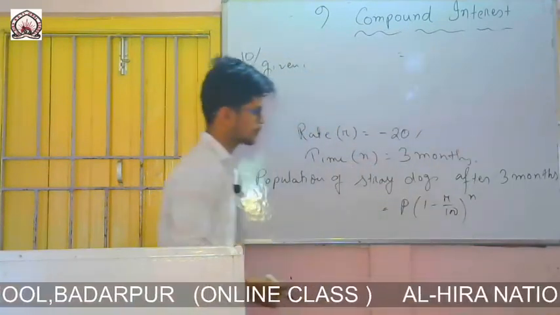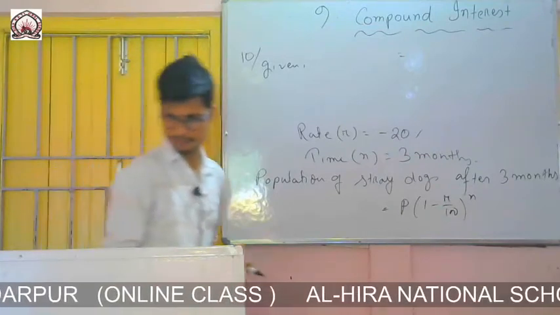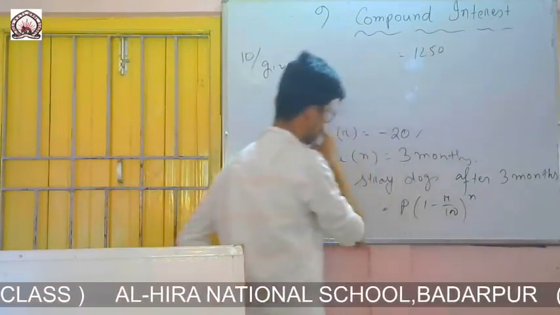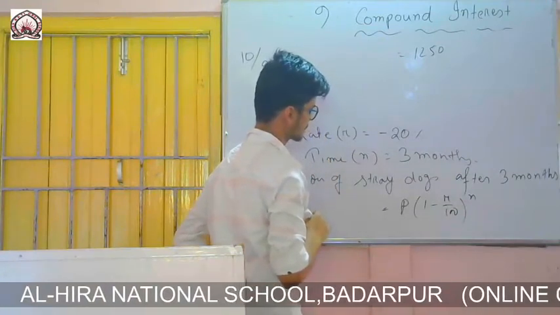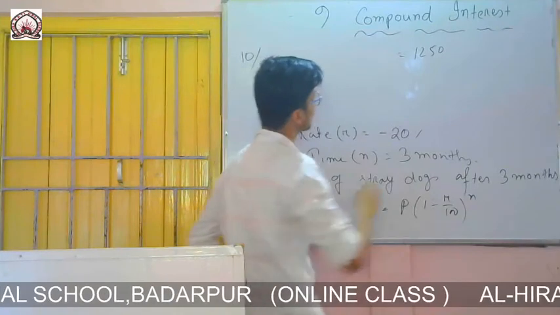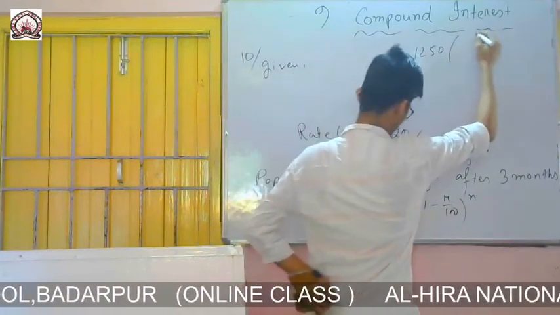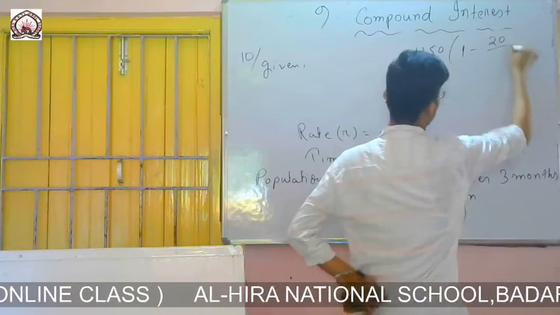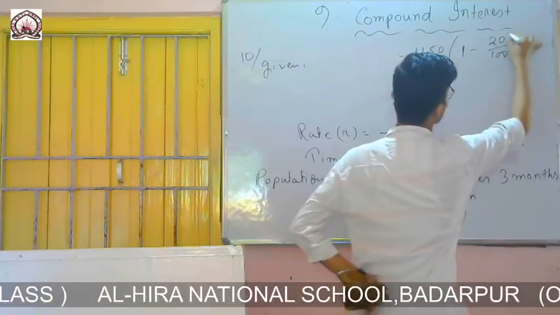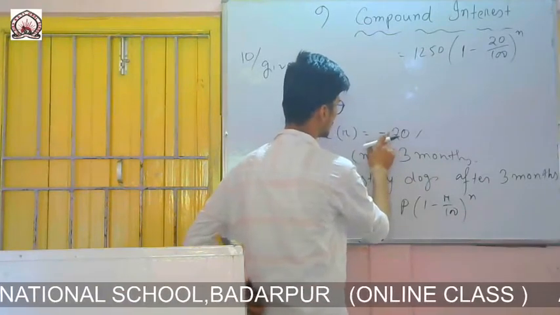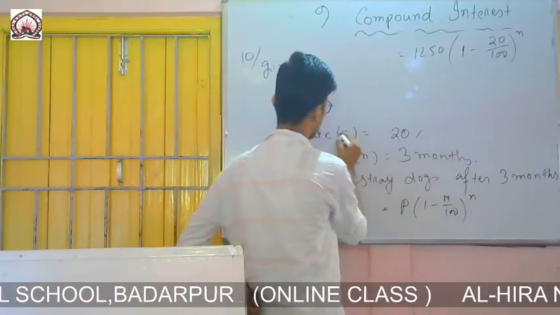So the population was 1250. P into 1 minus R, it is 20 by 100, to the power n. Okay, one thing you do, rather than giving it here, give minus R here.